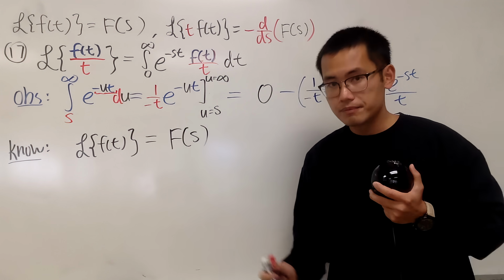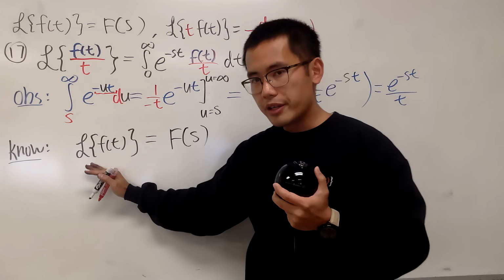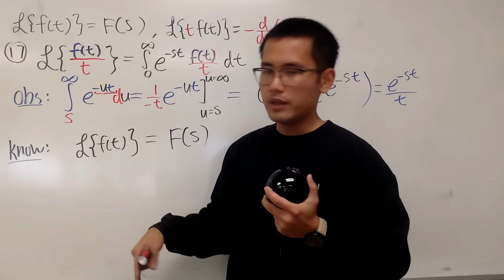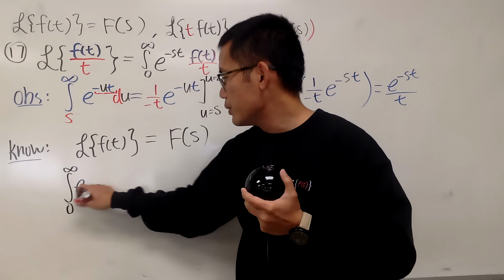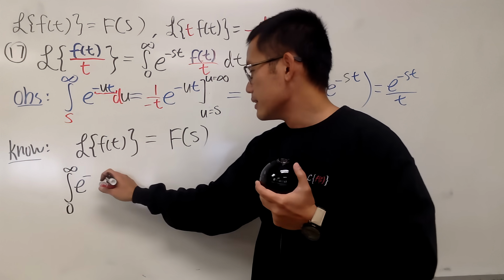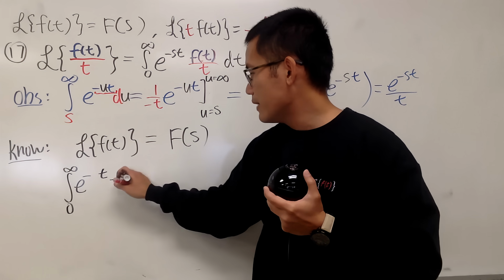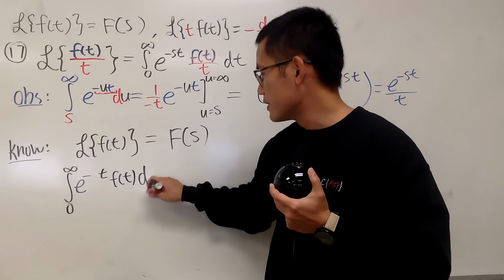This is what we know. Now, for this right here, I can change that to the definition, namely the integral from 0 to infinity, e to the negative s t, and you have f of t, and you have the dt like this.